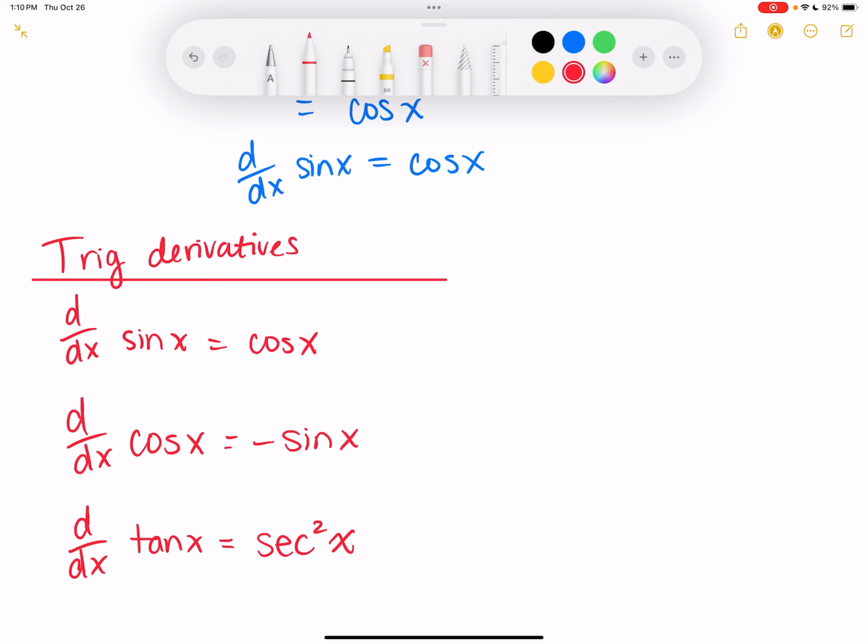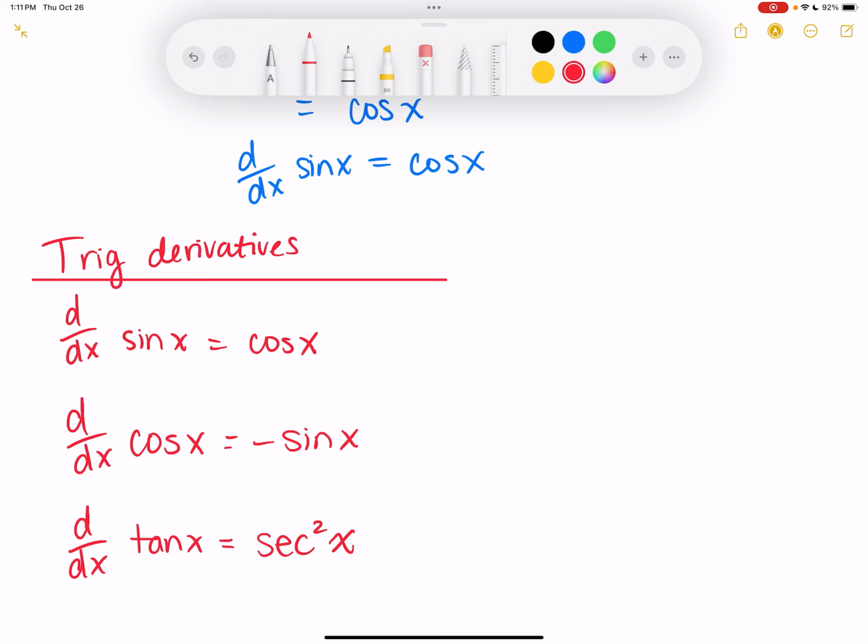What's another way to rewrite tangent? Sine over cosine. So if you should happen to forget the derivative of tangent, you can easily derive it by using the quotient rule on sine of x over cosine of x. So pretty much with basically all of these, if you know sine x and cosine x, you can derive the others by the quotient rule. Okay. So there's those ones.